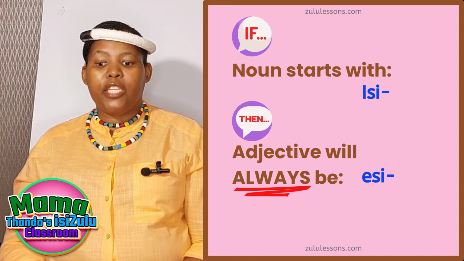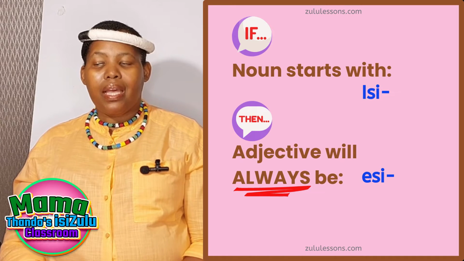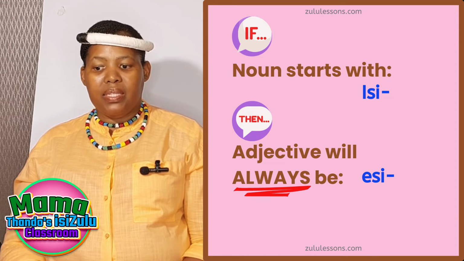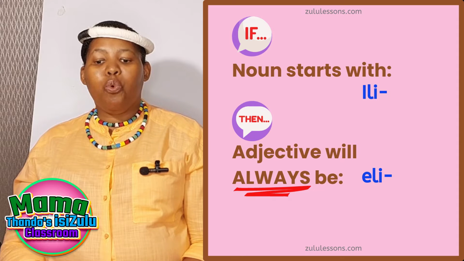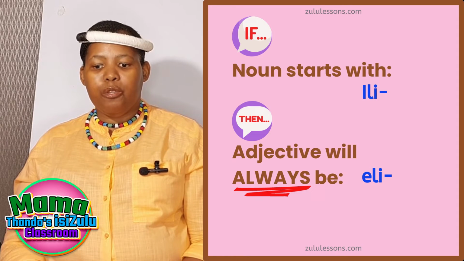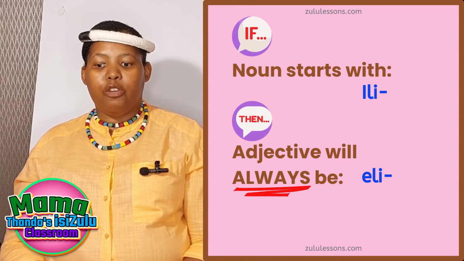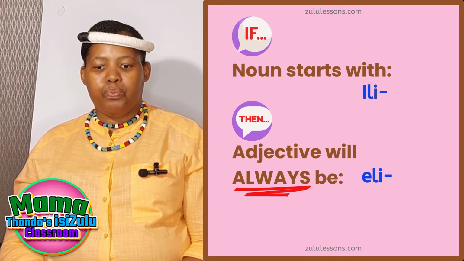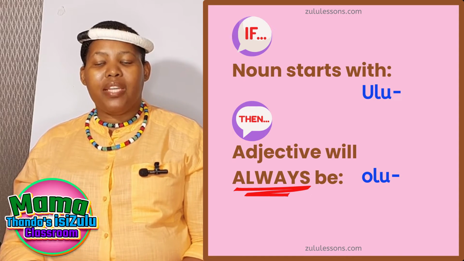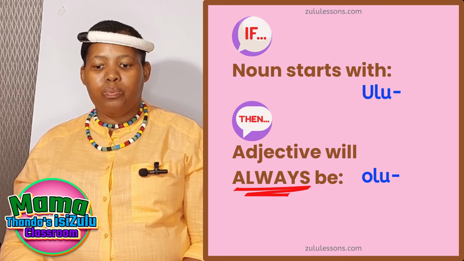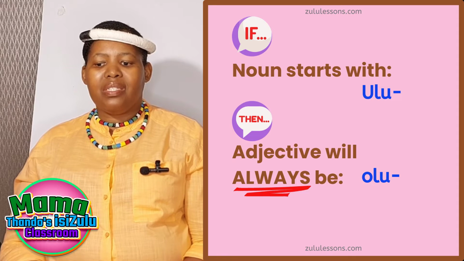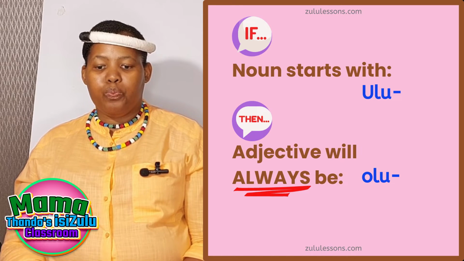If a word starts with isi, then its adjective will always start with esi. If a word starts with ili, then its adjective will always start with eli. If a word starts with ulu, then its adjective will always start with olu.